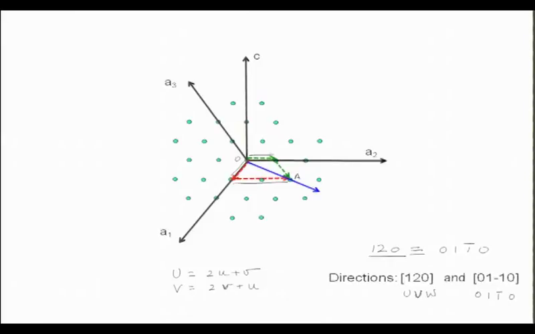So, I go 1 along A2, I go minus 1 along A3. This is A3, so this is in opposite direction. So, this is minus 1 along A3. I end up at the same point. I should end up at the same point. If I do not end up at the same point, which means there is some problem in the conversion, all right. So, this is how you draw the direction in 4 coordinate system in hexagonal.